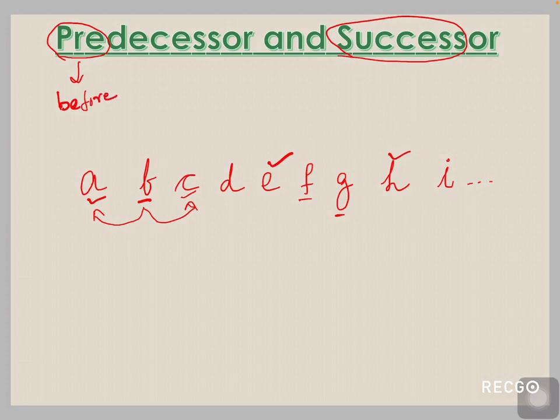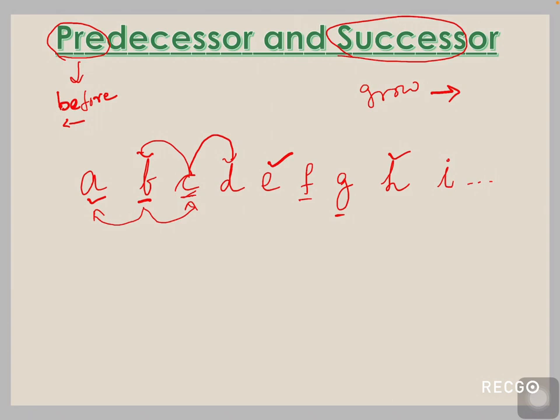And success, as you know, means we grow. We do something, we get success and we grow higher and higher. So we go forward, whereas before means we go back. So one step back is B and one step ahead is D, from C.